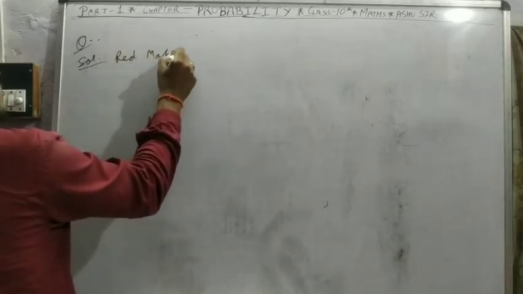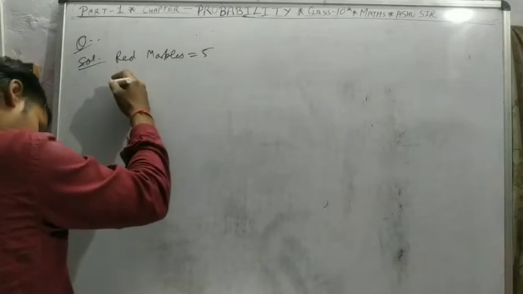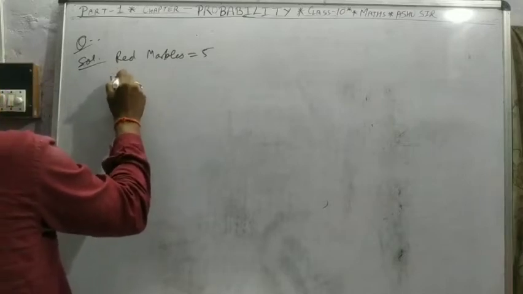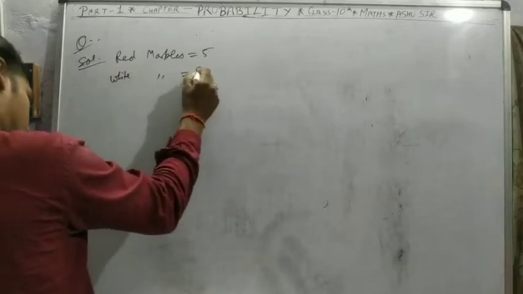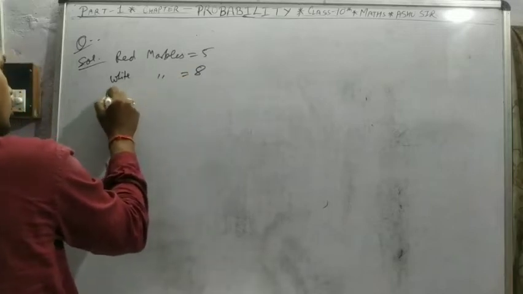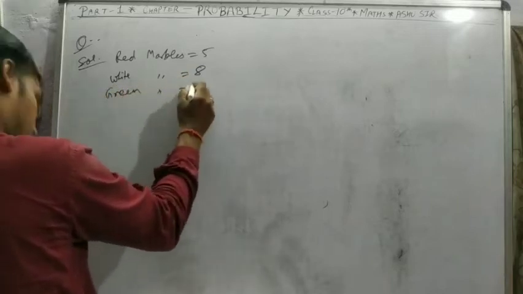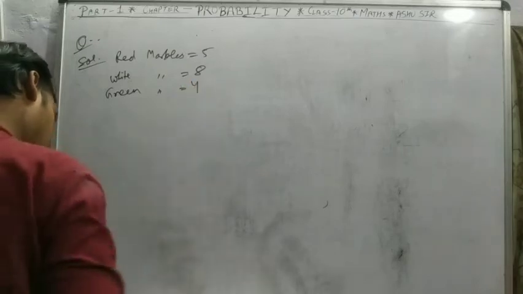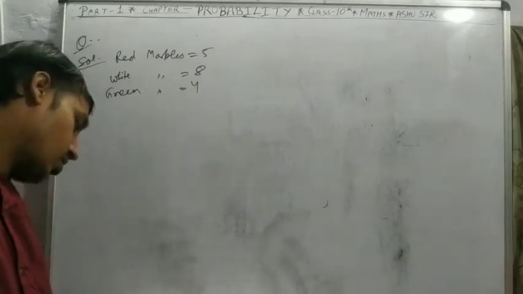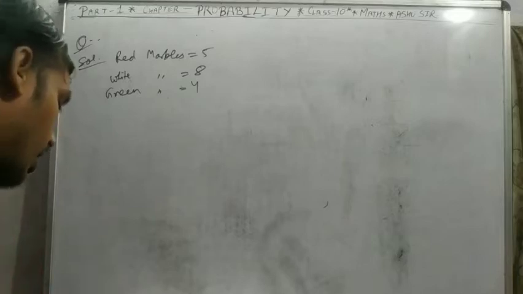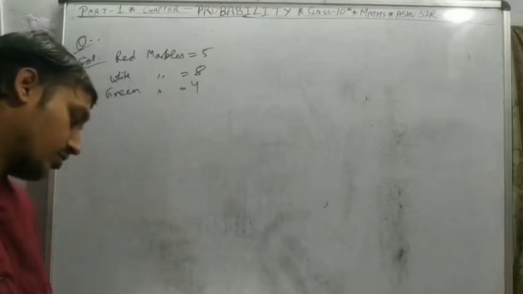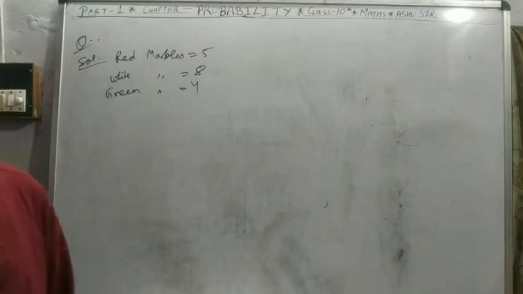One marble is taken out of the box at random. Find the probability that the marble taken out will be red, white, or not green.